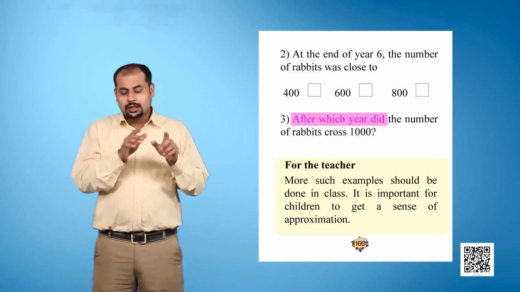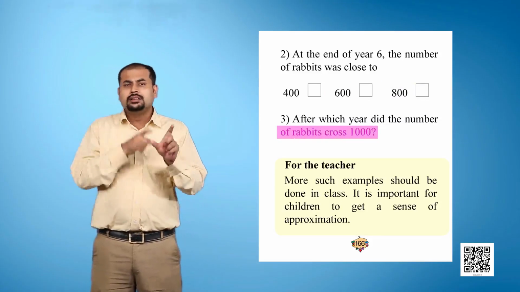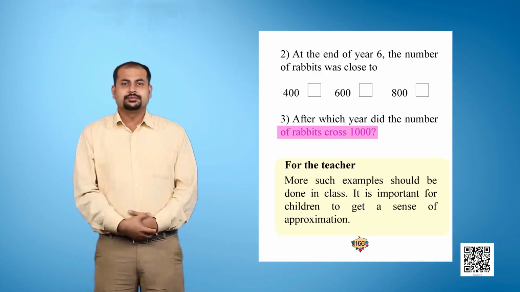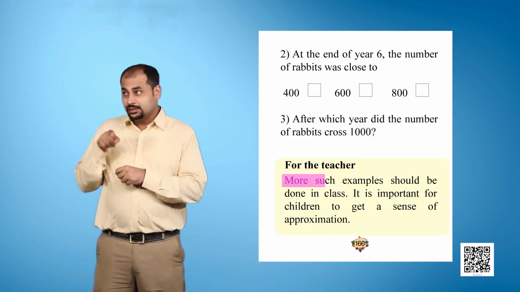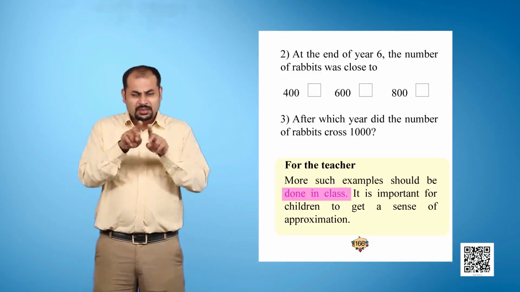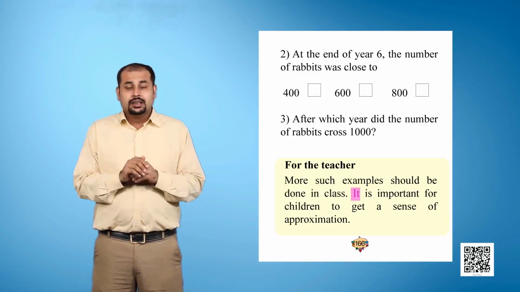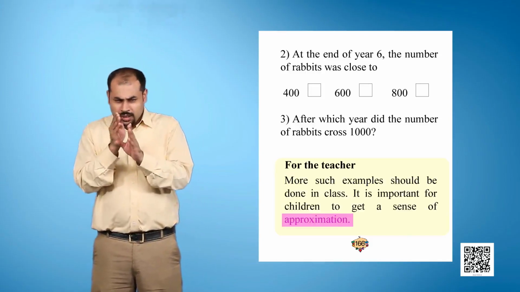After which year did the number of rabbits cross 1000? For the teacher. More such examples should be done in class. It is important for children to get a sense of approximation.